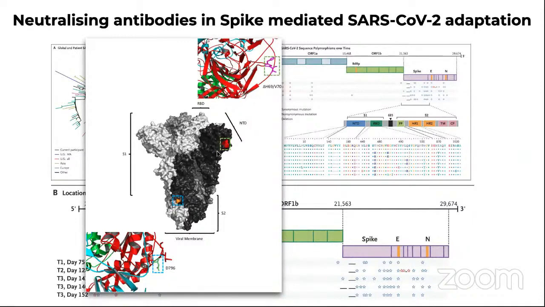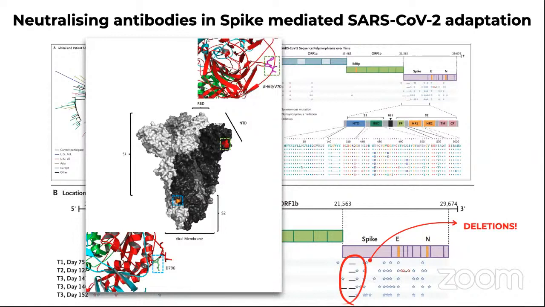So what we can understand from here is, one, that the longer the disease, the more these mutations occur at multiple regions at the same time. And another interesting thing that you can see here is that there are not only mutations, but there are also deletions.